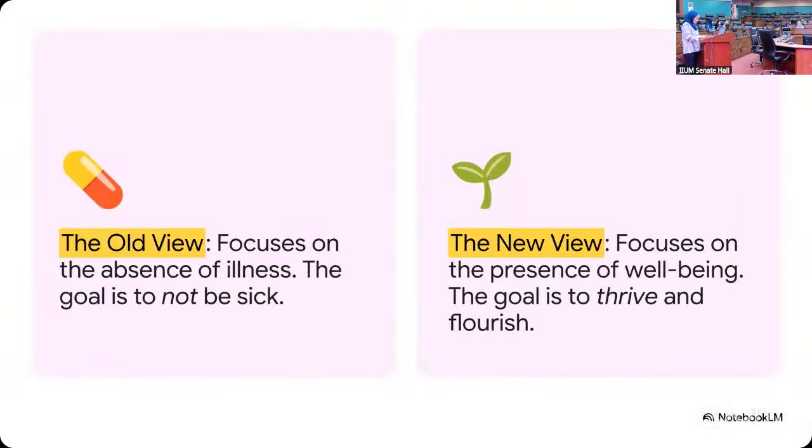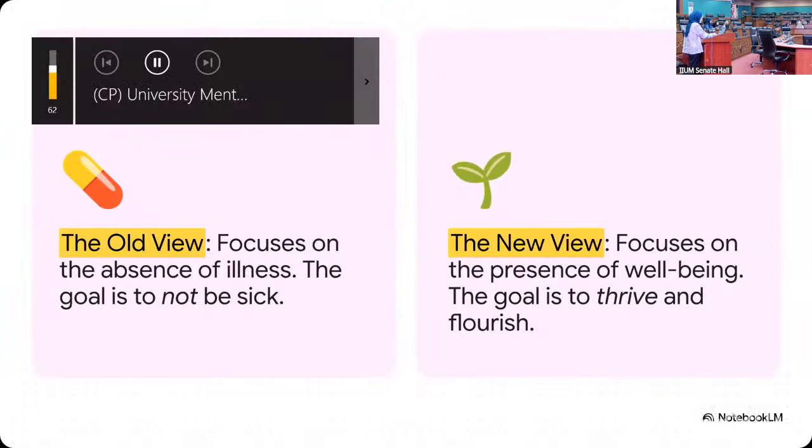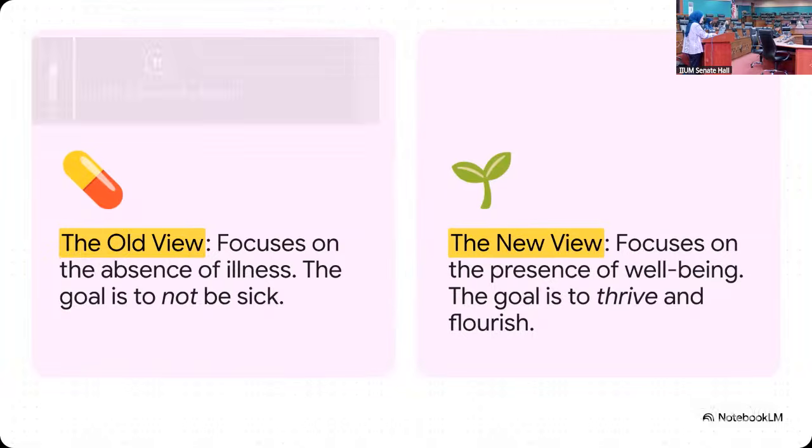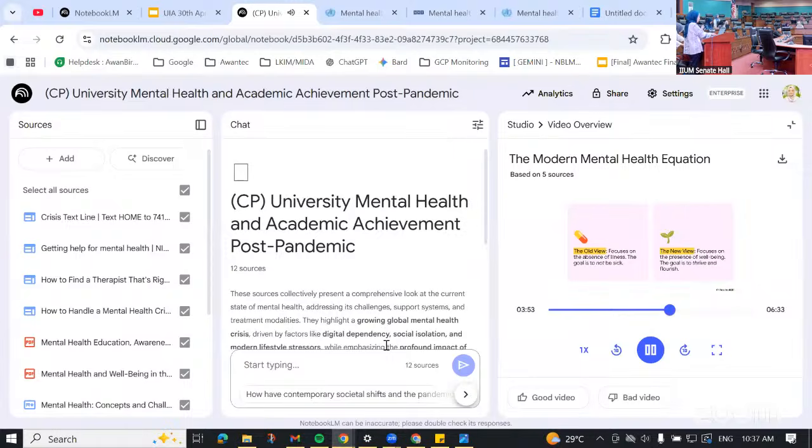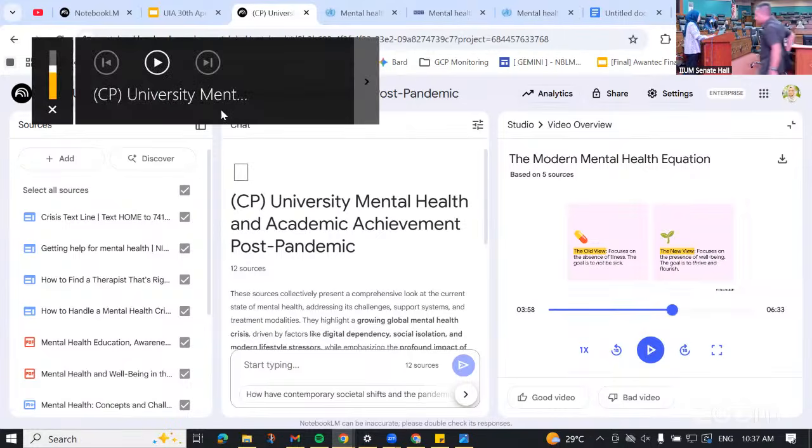Let's really break them down. The old way of thinking is all about the absence of illness. The whole goal is just to not be sick. But in that world, you can have zero diagnosable issues and still feel just kind of stuck. The new way is all about the presence of well-being. The goal here is to actually thrive, to flourish.